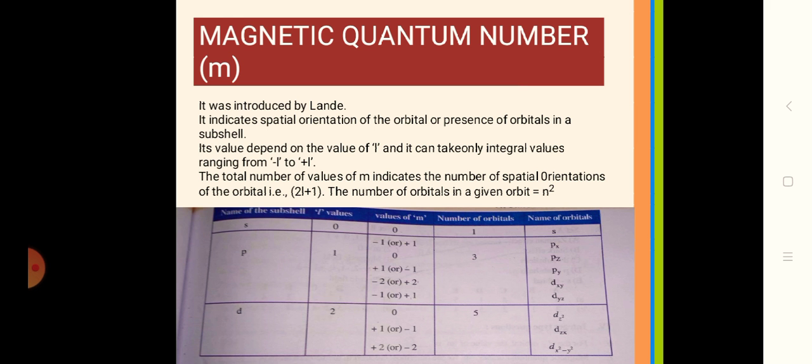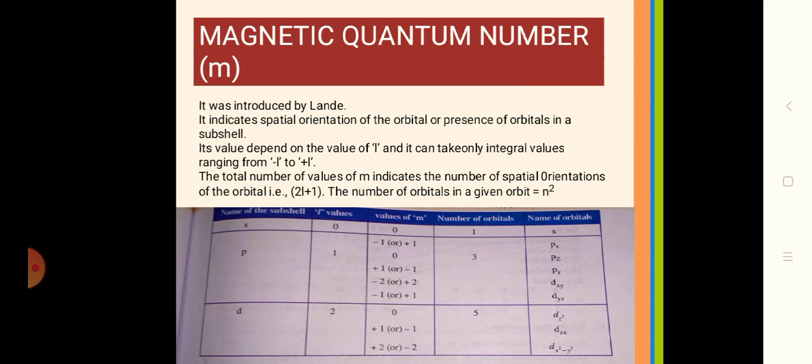The total number of values of m indicates the number of spatial orientations of the orbital, that is 2l+1. The number of orbitals in any given orbit is equal to n square. Magnetic quantum number is denoted by small m.